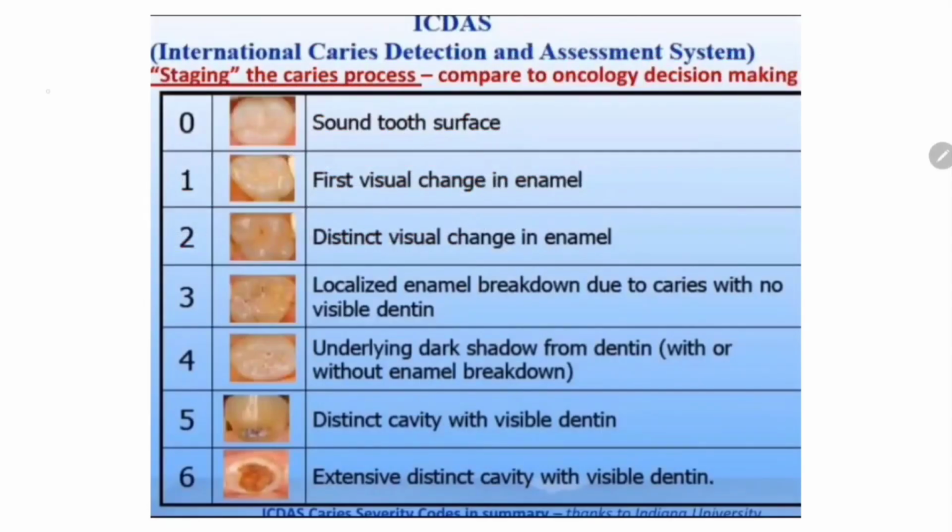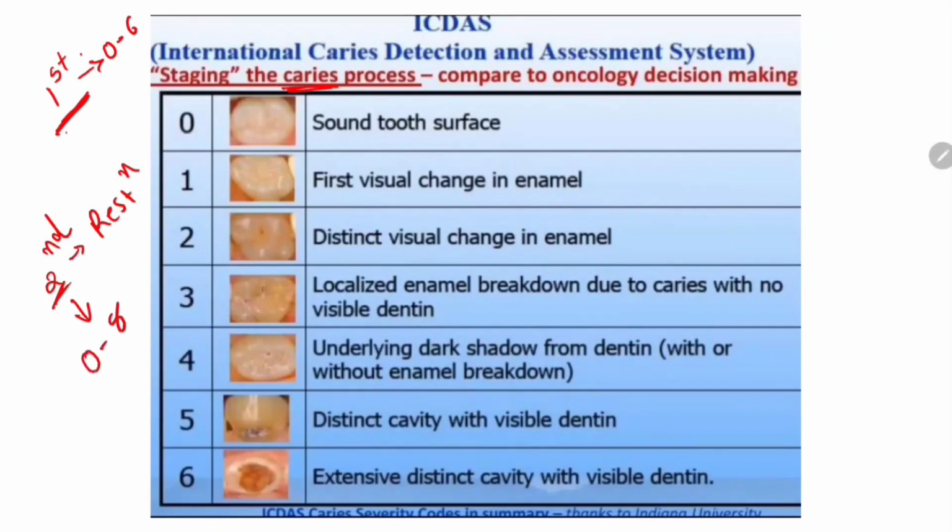In the first code we have 0 to 6 and in restoration we have 0 to 8 codes.